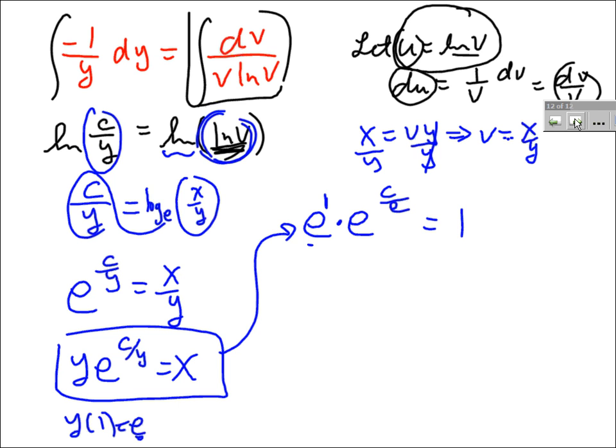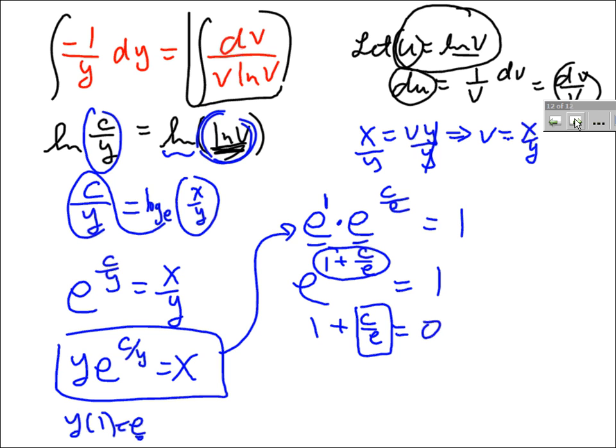In multiplication, if the bases are the same, keep the base and add the powers. Now, you should know that e to the 0 is 1. So 1 plus c over e must be 0. So this must be negative 1. After all, 1 plus negative 1 is 0. So c over e is negative 1.